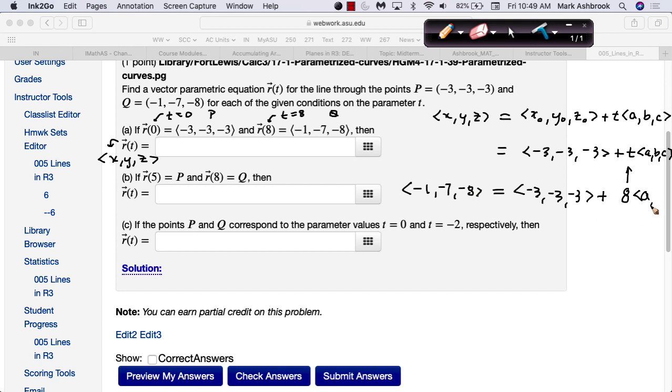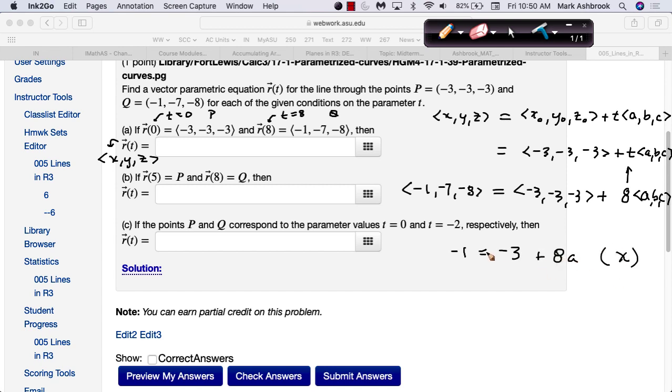So then now the A, B, C should be uniquely determined. All we need to do is, well, no, we have to do it for all three. So we have 8 times A plus -3 equals -1. So now we can make the parametric form. We can say -1 equals -3 plus 8A. That's the x coordinate.